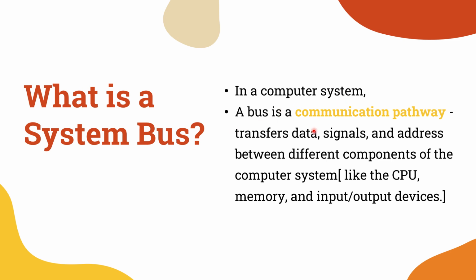In a computer system, a bus is a communication pathway that connects the different components of the computer system, like the CPU, memory unit, and the I/O devices, so that we can transfer data, control signals, or the address between the components of the system. So a bus is used for the communication between the different components of the computer system.